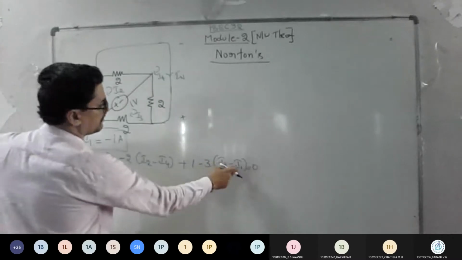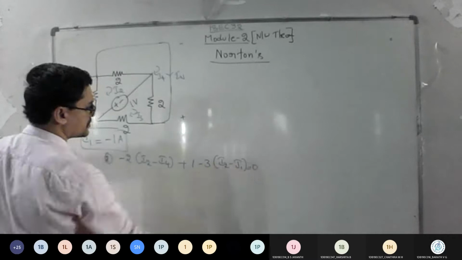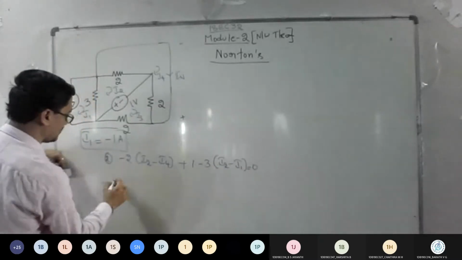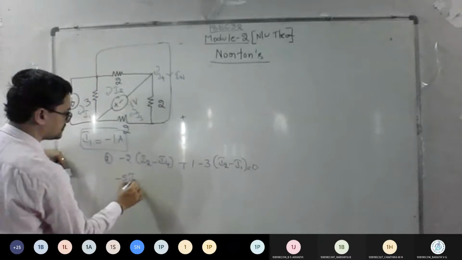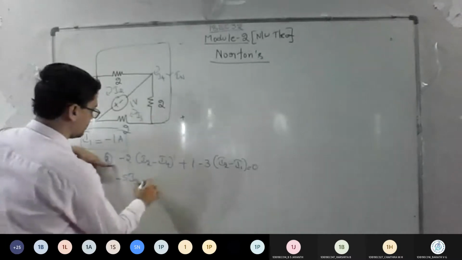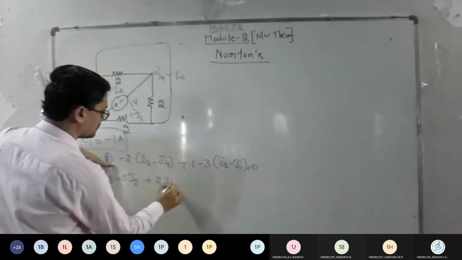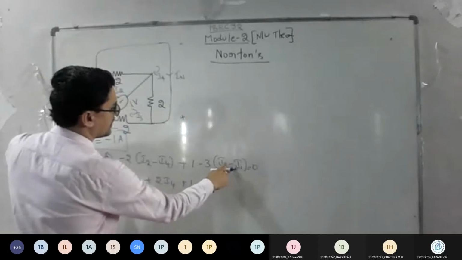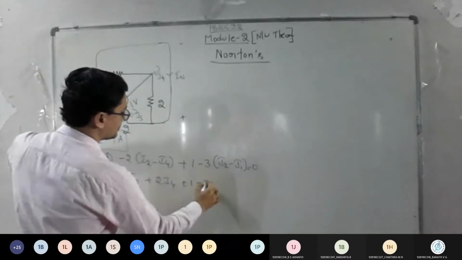So check, I2 is there. You can substitute the value of I1, so you got -1, you can substitute here. So try to think directly. -3 -2 become -5 I2. Then +2 I4, and the constant you have +1 and this is -1. So minus and plus, so is it -3 only?